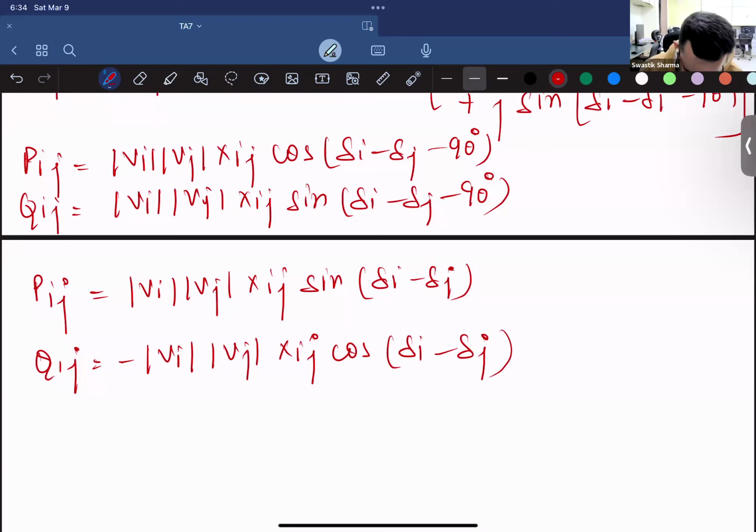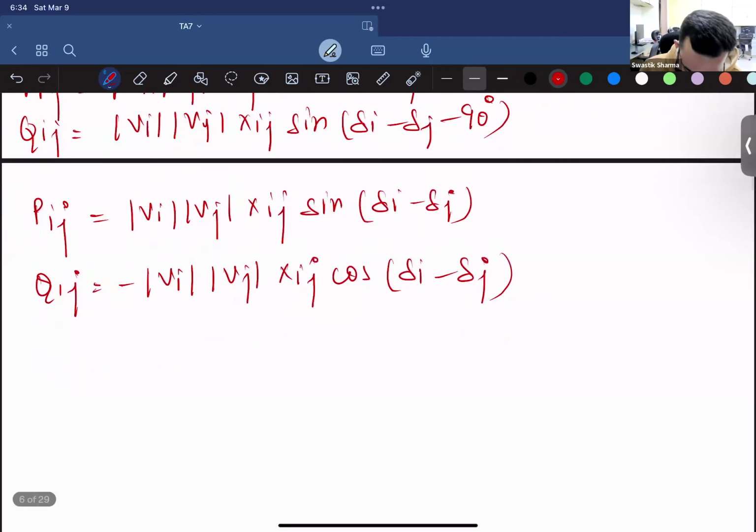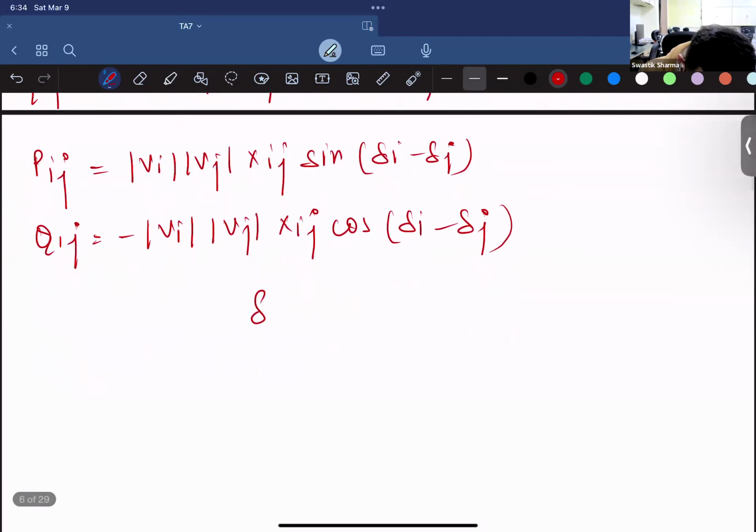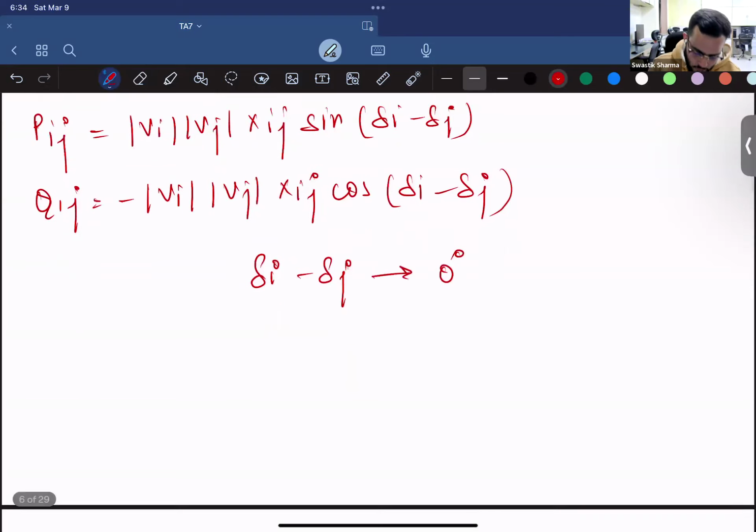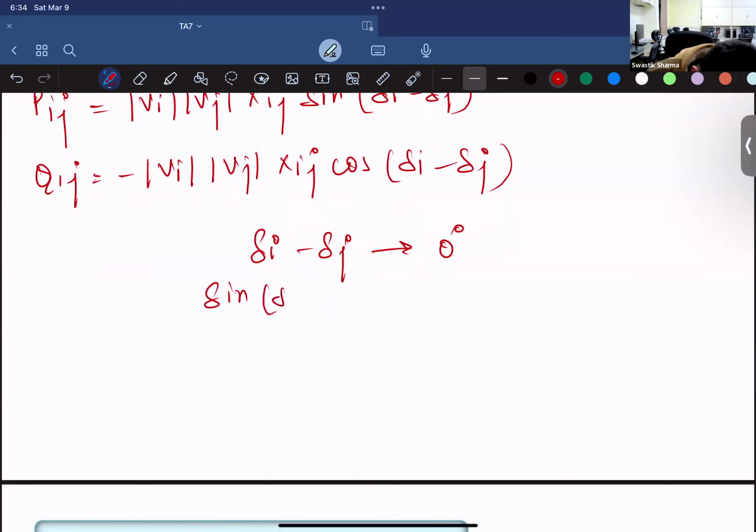Now let's do small angle approximation. So delta I minus delta j is generally treated to be very, very small. It is close to zero, not zero exactly, tending to zero. So what we do is we write sine of delta I minus delta j as delta I minus delta j, and cos of delta I minus delta j becomes 1.